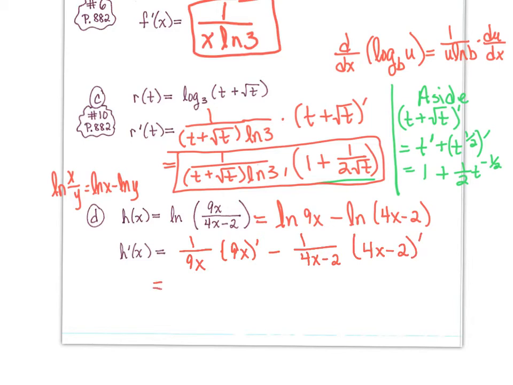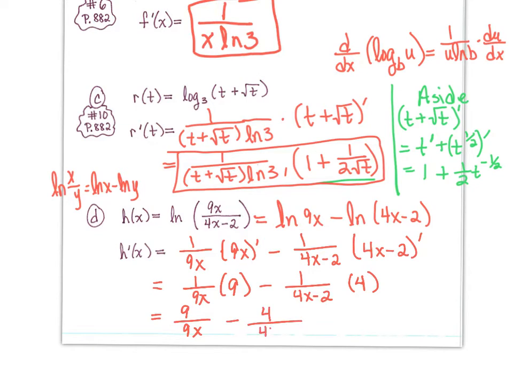Well, that gives us 1 over 9x times 9, minus 1 over 4x minus 2. The derivative of 4x is 4. The derivative of negative 2 is 0. So this gives us 9 over 9x minus 4 over 4x minus 2, which we can simplify and write as 1 over x minus 4 over 4x minus 2. And that's our final answer.